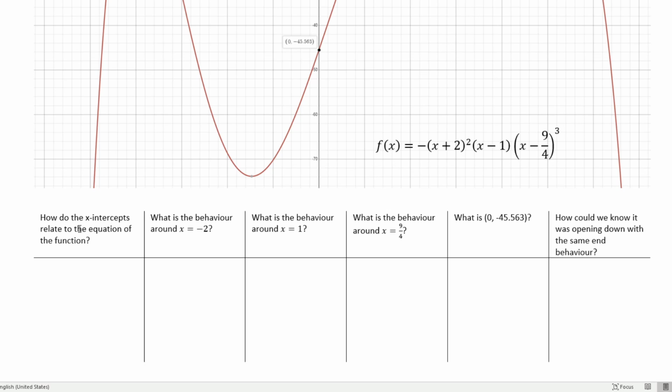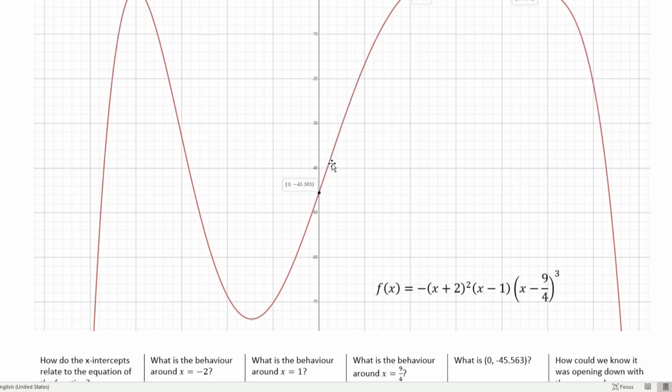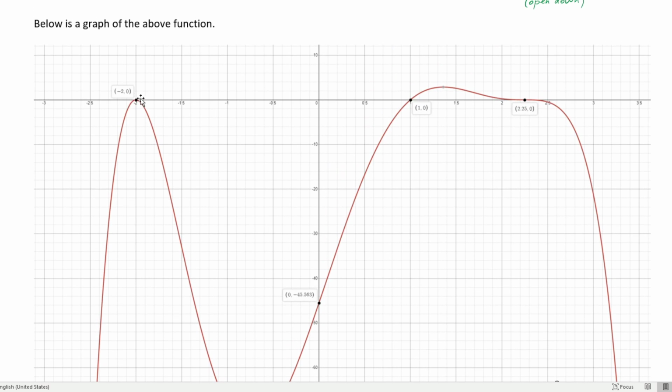So now we are going to answer some of these questions. How do the x-intercepts relate to the equation of the function? Remember, x-intercepts are values of x that cause the function to be equal to 0, so they're the values of x that cause y to be equal to 0.